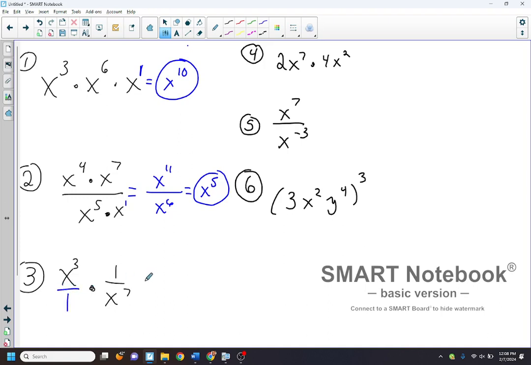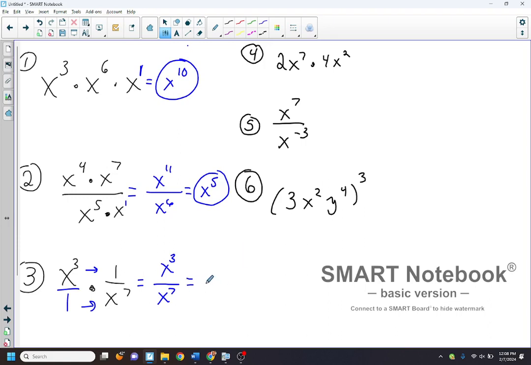Next one. I'm going to put this over 1. When I put it over 1, now I can make it one fraction. So x to the third over x to the 7. Because you can multiply sideways or straight through. 1 times whatever doesn't change anything, okay?